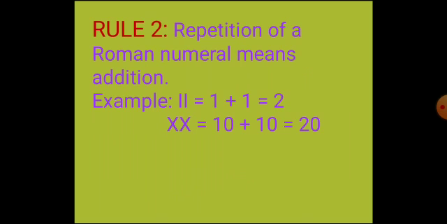Next, X. The value of X is 10. 2 times here we are writing, so 10 plus 10 we have to add. Repetition means we have to add. So 10 plus 10 equals 20. So the Roman numeral for 20 is XX. Capital letters only you have to write, children. Repetition of Roman numerals means addition.